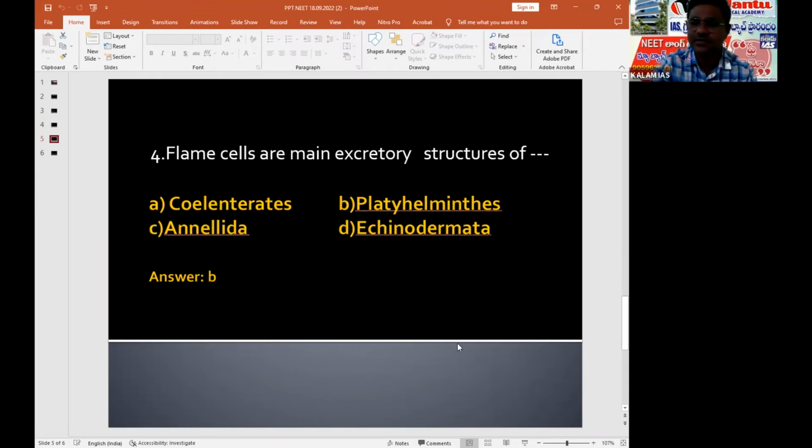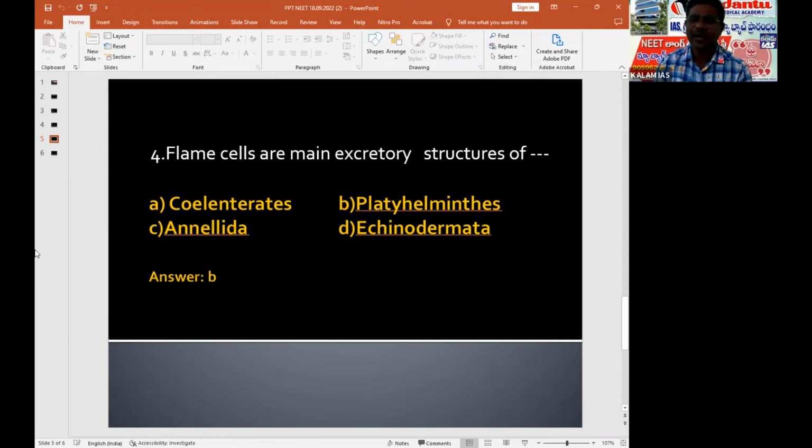Flame cells are the main excretory structure of dash. You remember that what I am telling is the excretory organs of various animals. Among the phyla, which phylum has flame cells as excretory organs?